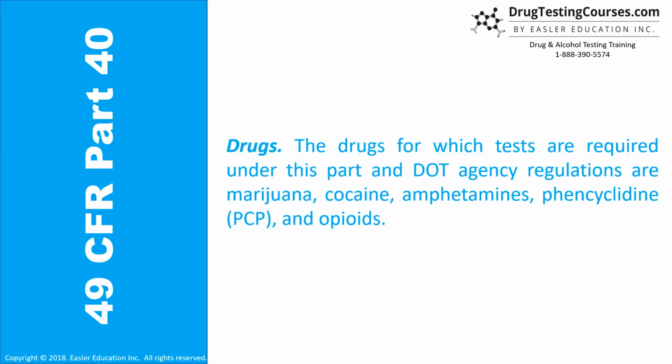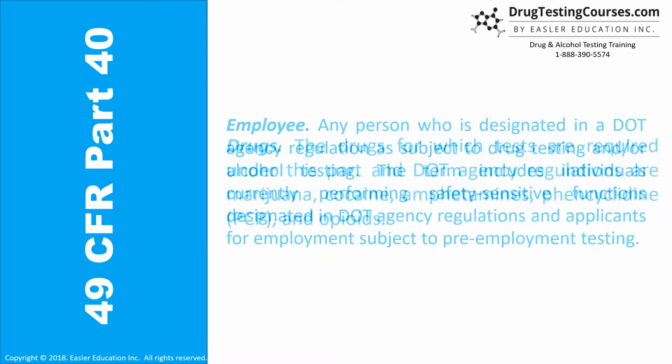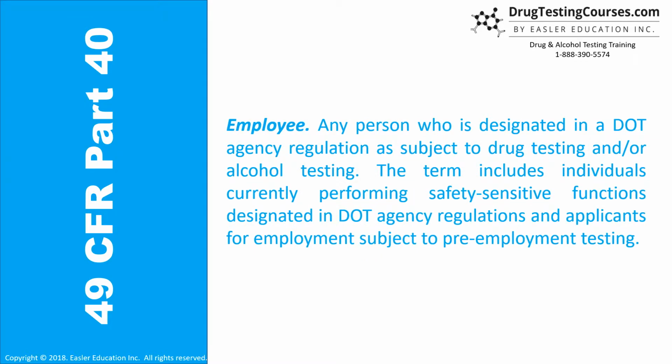Drugs. The drugs for which tests are required under this part and DOT agency regulations are marijuana, cocaine, amphetamines, phencyclidine, PCP, and opioids. Employee. Any person who is designated in a DOT agency regulation as subject to drug testing and/or alcohol testing.